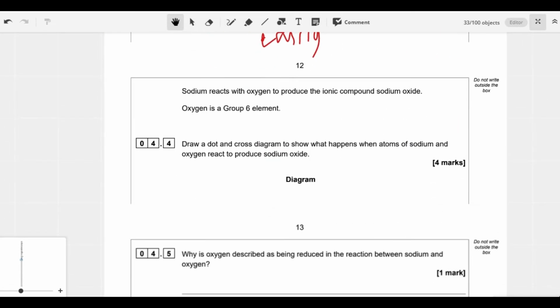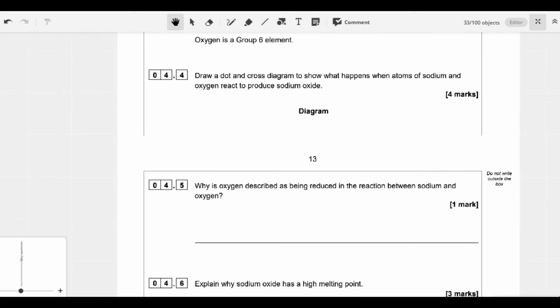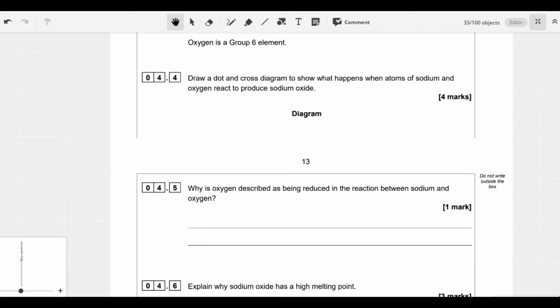Okay. Next, sodium reacts with oxygen to produce the ionic compound sodium oxide. Oxygen is a group 6 element. Draw a dot and cross diagram to show what happens when atoms of sodium and oxygen react to produce sodium oxide. So here you need to make a diagram. First you have to make the shells.